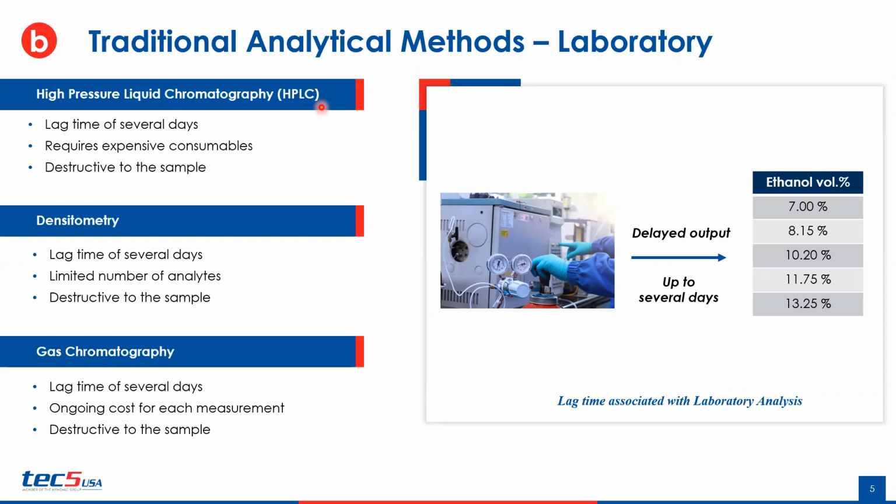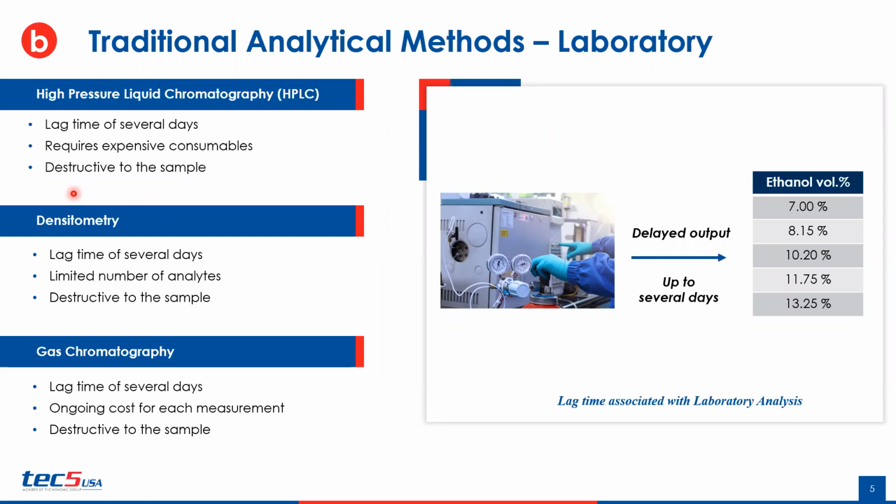And then taking a closer look at the details, high pressure liquid chromatography often requires expensive consumables such as organic chemicals, which can, of course, add up per measurement each time you require it.